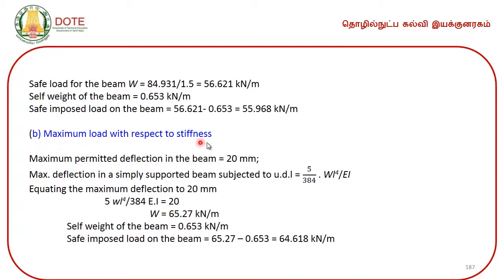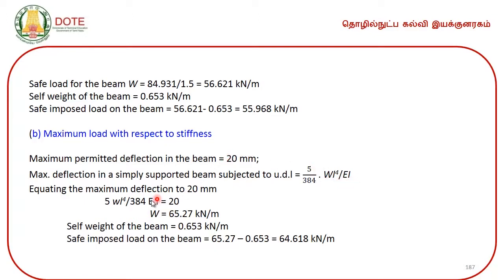And the other criterion to find the maximum UDL that could be carried by this beam is stiffness. Stiffness, of course, is measured by the deflection. Maximum permitted deflection for this case is 20 mm, it is given in the problem, and the theoretical deflection for a simply supported beam which carries a UDL throughout its span is given by this expression, 5 by 384 into WL power 4 by EI.